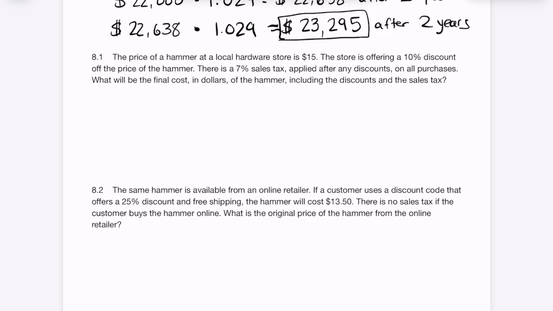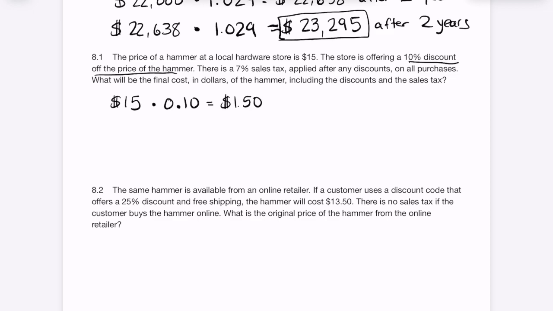All right, so it originally starts out at $15. And then the first thing that's happening is we have a 10% off discount. Okay, so we're going to figure that out first. Again, 2 approaches. You can multiply by 10%, and that's going to give you $1.50.